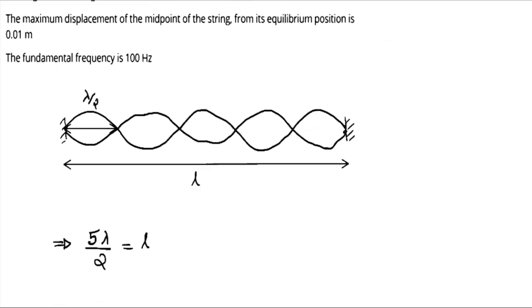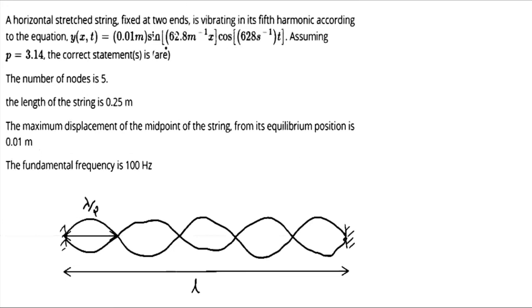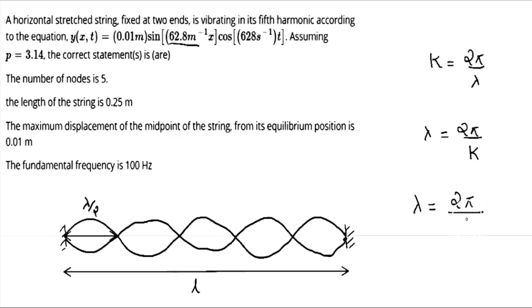But we have to find lambda, and we are given the equation. From the equation we can find lambda, as we know that k is nothing but 2 pi by lambda. So lambda will be simply 2 pi by k, and k is 62.8 per meter. So lambda is 2 pi by 62.8.